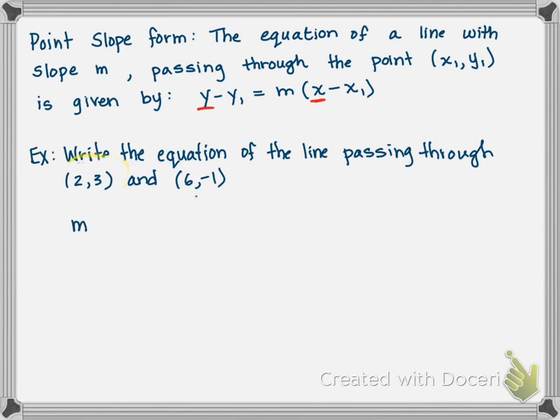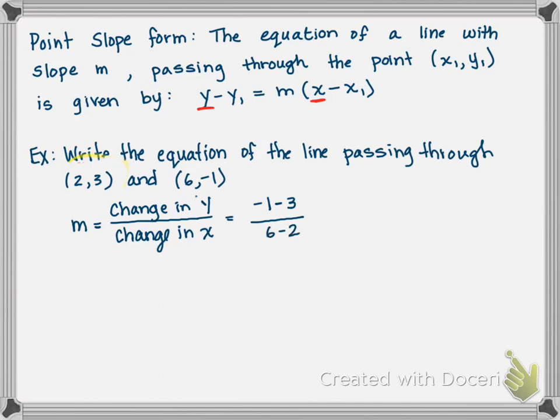So m, remember that our slope is the change in y over the change in x. And so we'll do the difference in our y values divided by the difference in our x values. And then we have negative 4 over 4, which is negative 1.